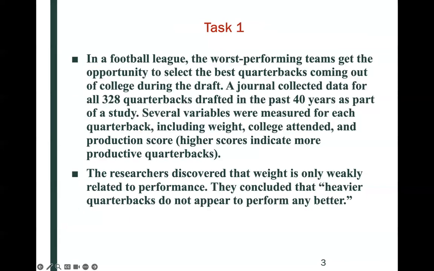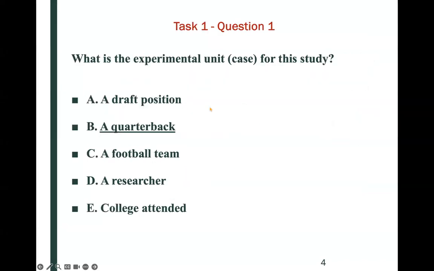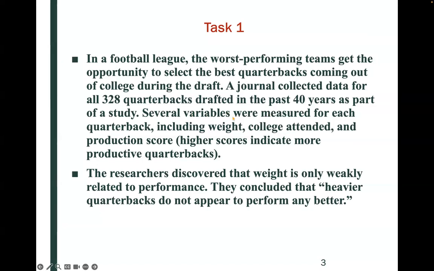Again, an experimental unit is an object upon which we collect data. If we look here, there are several variables that were measured for each quarterback, including weight, college attended, and production score. So for each quarterback, we get this information. The quarterback is the object for which we are collecting data.